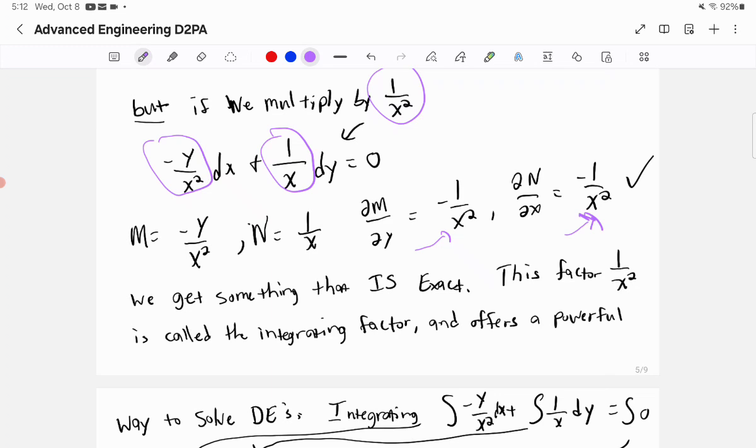And it turns out in thermodynamics that there are a couple of quantities that are not exact, and one of them is heat. With heat, we actually have to care about the path, but the key there is that we've figured out a way to make it exact. The way to do it is to multiply by 1 over the temperature.